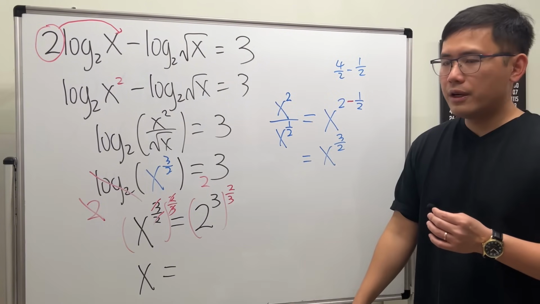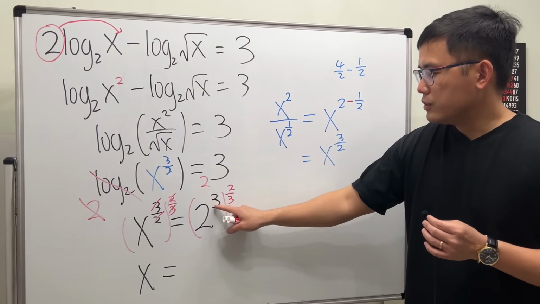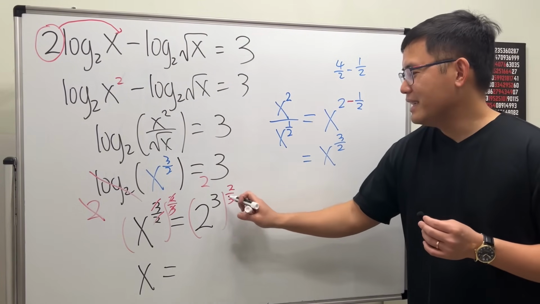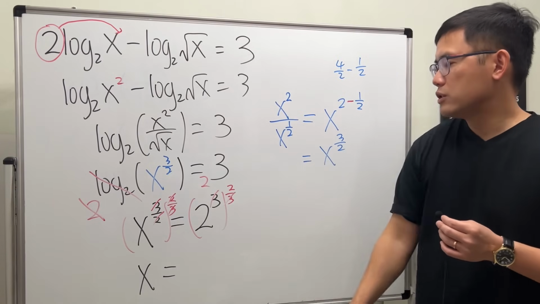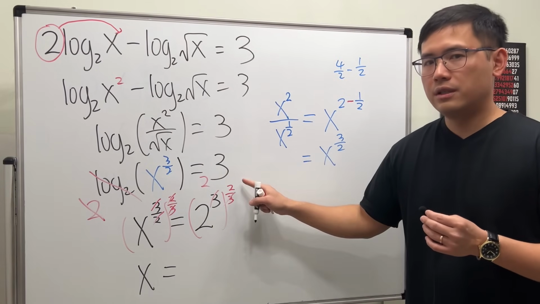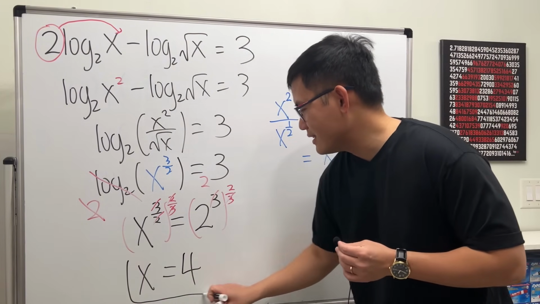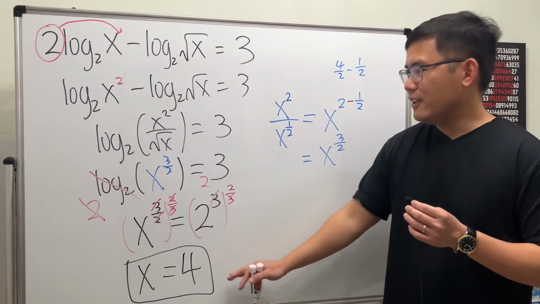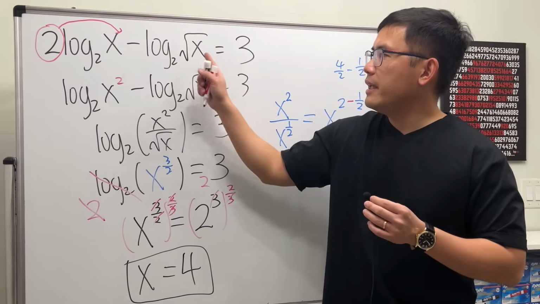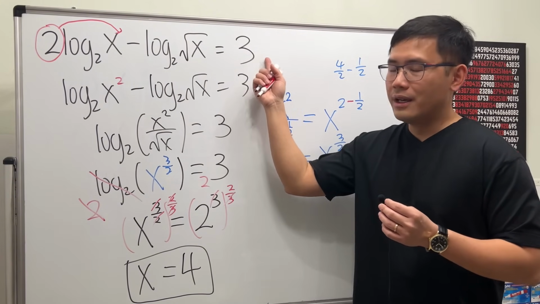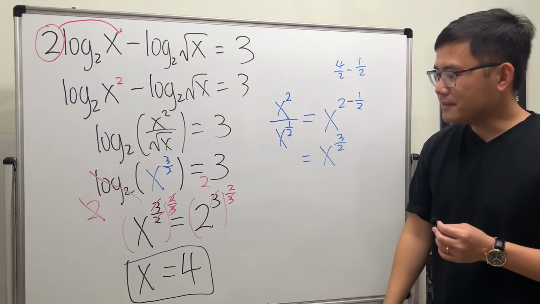And then for this right here, when we multiply 3 and 2 over 3, this and that cancel, so we just get 2 to the second power. And the answer for that is just 4. And then we're done. And in fact, if you plug in 4 into this x and that x, work that out, you will indeed get equal to 3, yeah, that's it.